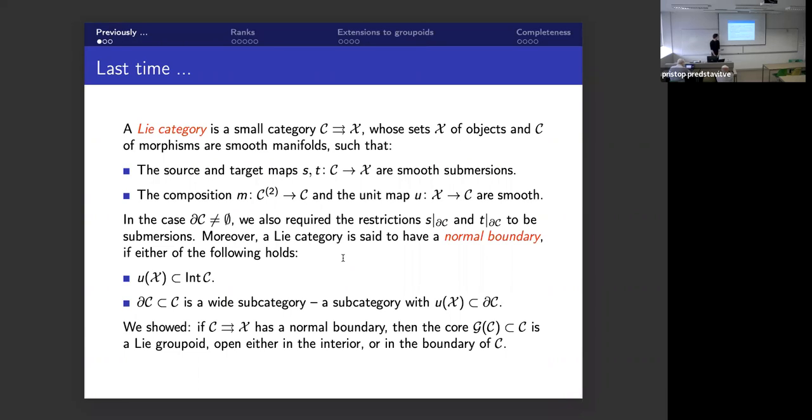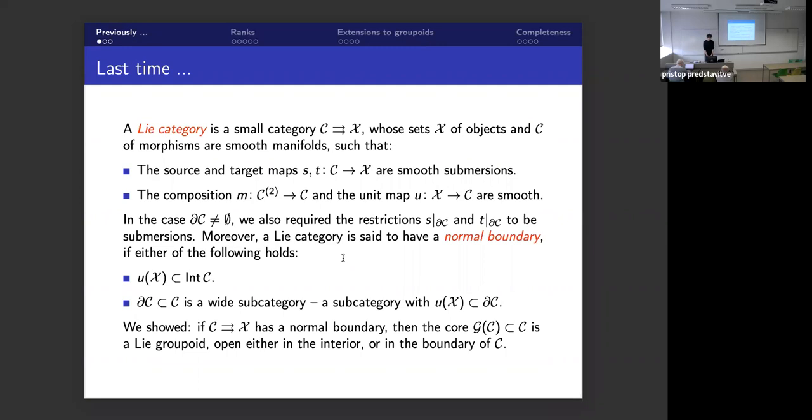And in this case, we also require restrictions of the source and target maps to the boundary to be submersions as well. So maybe I should, Sasha, is it clear what source and target maps are? They just spit out the domain and codomain, right?